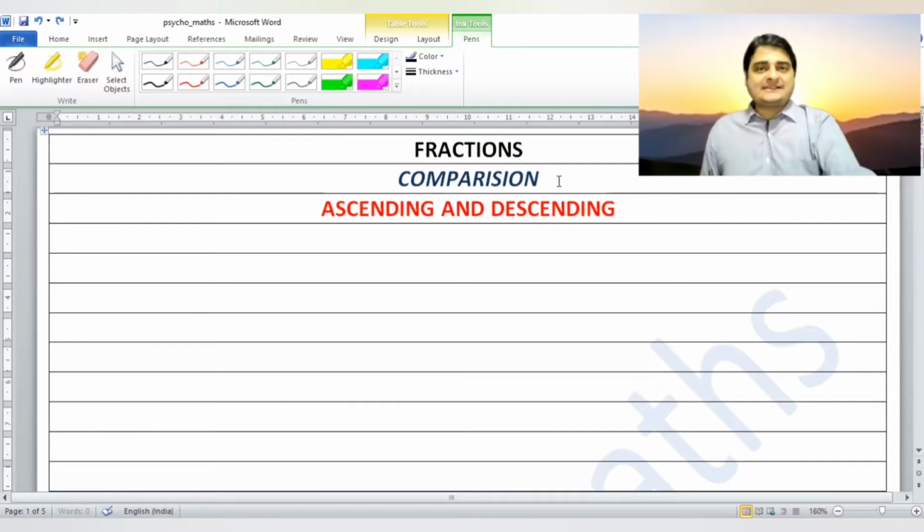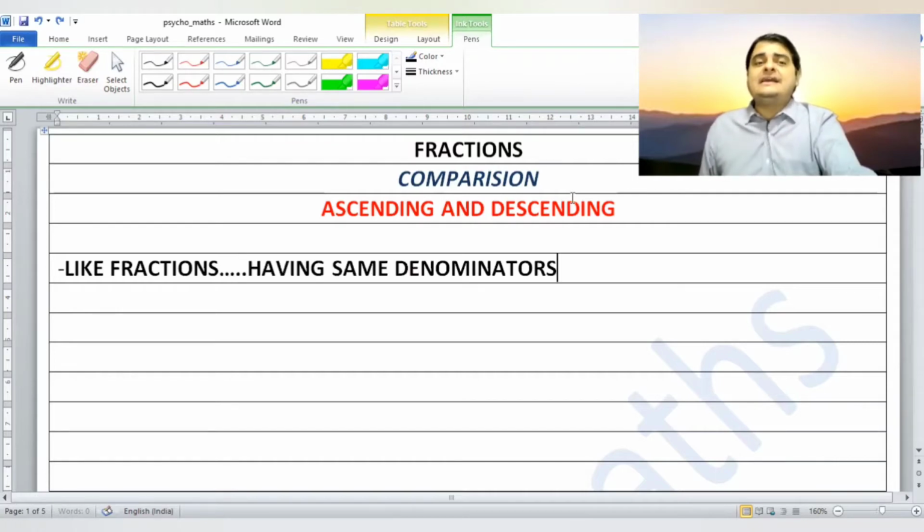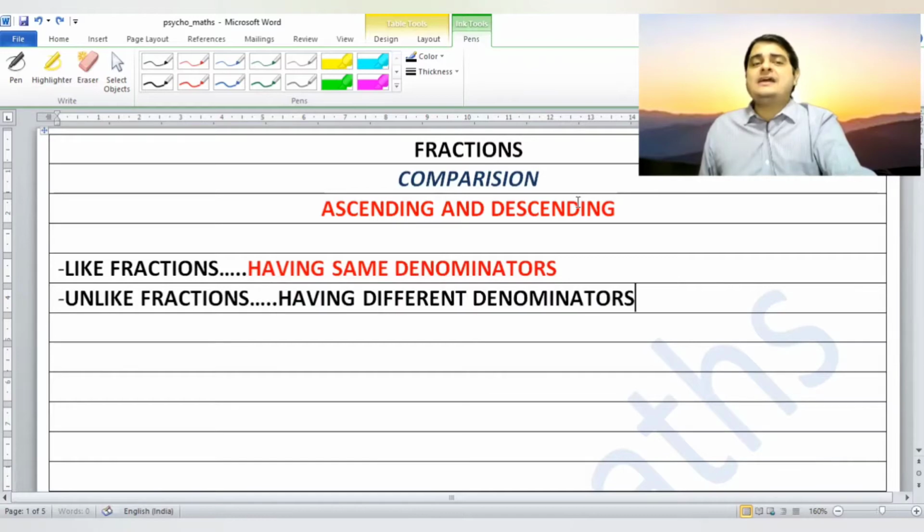But before we start with that, you need a basic thing for your knowledge, and that is like fractions. Like fractions, see what it is. Try to comment it if you know it. Like fractions are basically the fractions having the same denominators. Whereas unlike fractions are the fractions having different denominators.